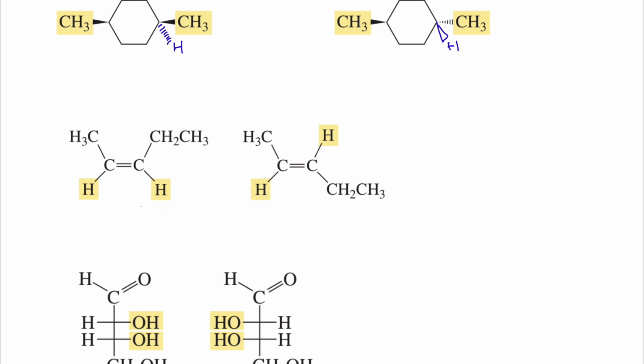Let me take one more example. Again, if you observe the pair of these two compounds, in the first structure, on one of the sp2 carbons, one of the double bonded carbons, you can see the spatial orientation of the ethyl group and hydrogen, and here too you can see the spatial orientation of the ethyl group and hydrogen. Here the hydrogens are on the same side, but here the hydrogens are on opposite sides of the double bond.